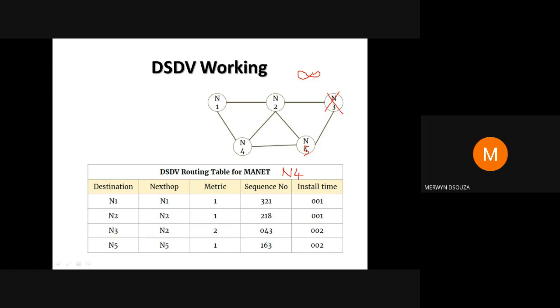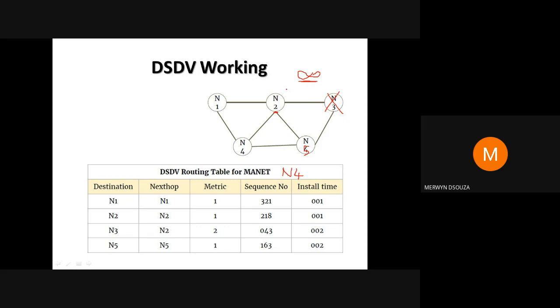In this case I'm just showing you that N2 discovers that that route has gone bad. When N2 discovers that this route is no longer accepting the packets, or the packets are not reaching there, it will update the next hop for this node as infinity. The meaning of infinity is that it cannot send a packet to that destination. That destination no longer exists.